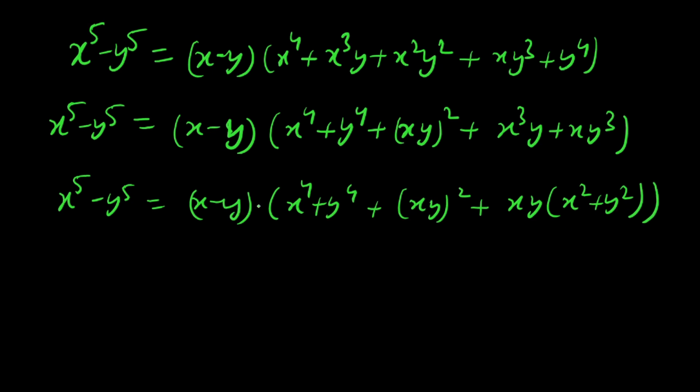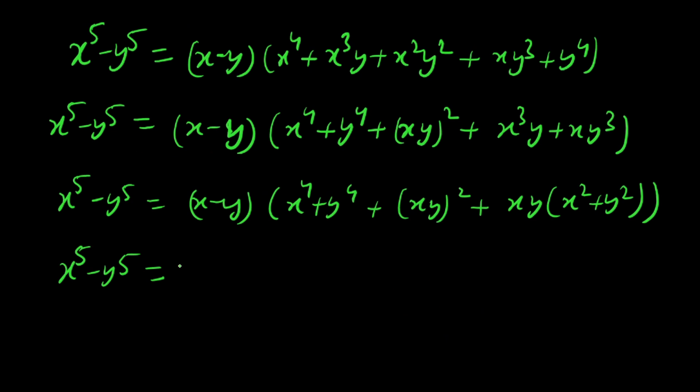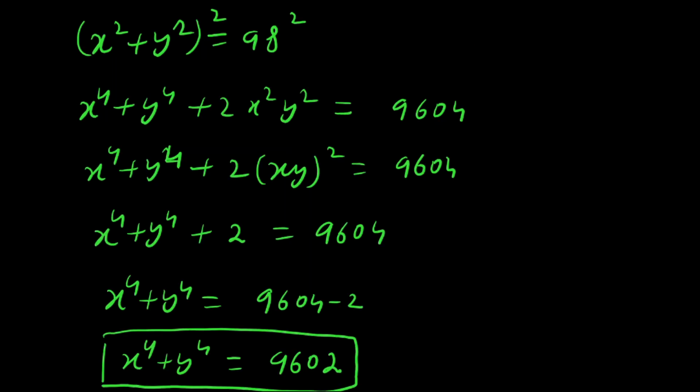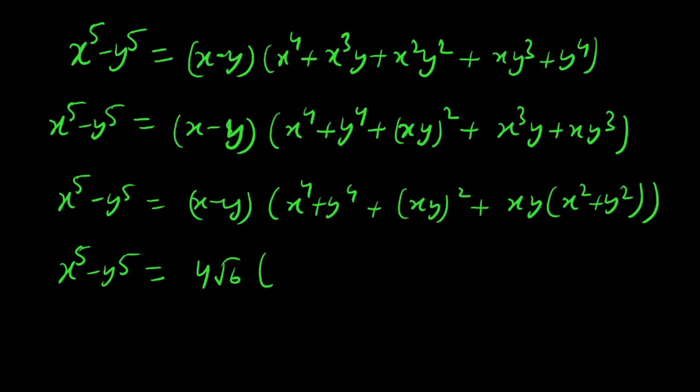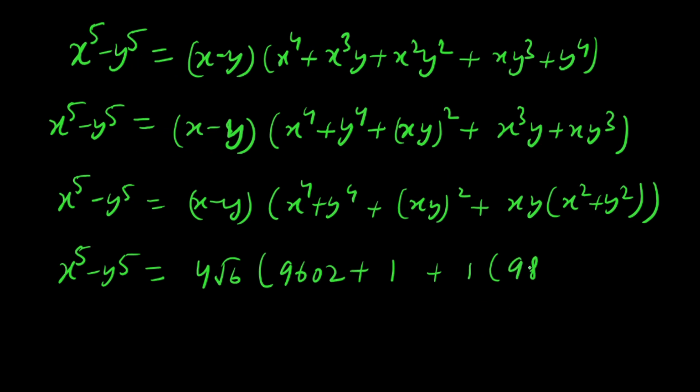Now x power 5 minus y power 5 equals x minus y. The value of x minus y is 4 times square root of 6, and x power 4 plus y power 4 is 9602, plus x times y, which is 1, squared is 1, plus x times y, which is 1, times x squared plus y squared. The value of x squared plus y squared is 98.